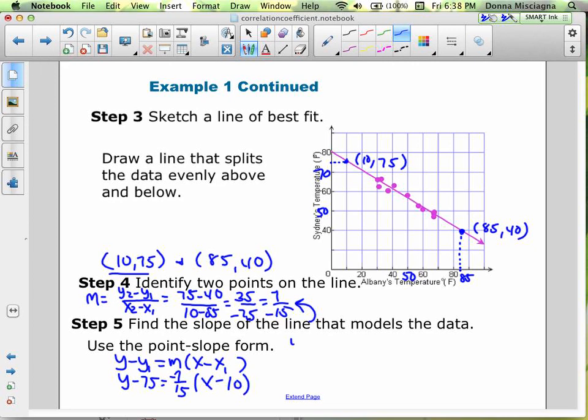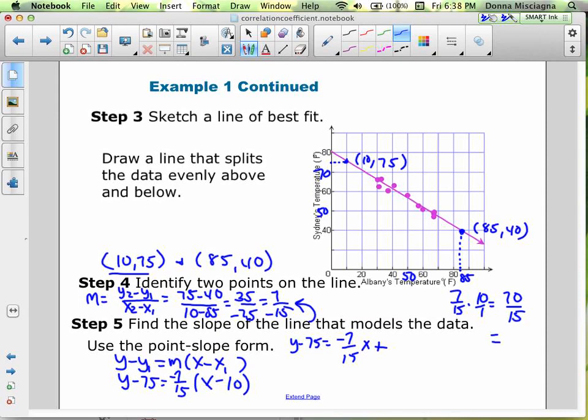So we have y minus 75 equals negative 7/15 x, and then it's going to be a negative times a negative, so positive. And then that would be 70/15, right? 7 times 10 over 15 times 1, 70/15. I'll leave out the two negatives because they're going to be positive. 7/15 times 10 is going to be 70/15, and that would reduce.